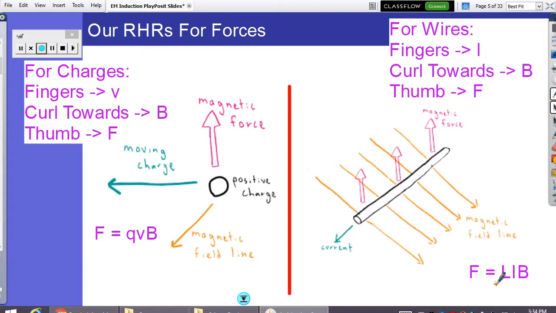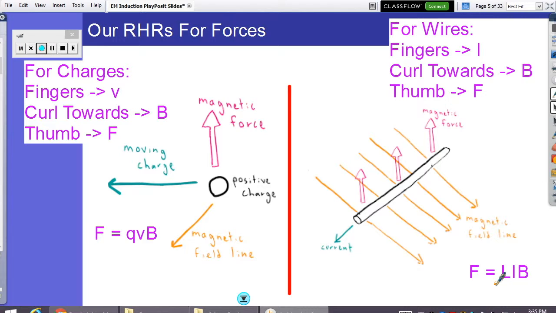And I just want to pause for a moment and say that these four things you can do with your right hand are really super important. If you want to do well in magnetism, if you really want to understand magnetism, understanding what you're doing with your right hand at any given time, or I guess if you have a negative charge, your left hand, but understanding these applications of the right hand rule really well is super important. So I would think hard about them.